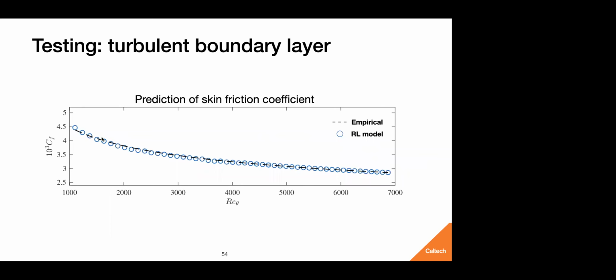This is the result for the skin friction, which is the same thing as the wall shear stress. The dashed line is the empirical formula for the skin friction, and the circles are the reinforcement learning model. Again, the results match fairly well in terms of the prediction, and we were pretty happy with this result.